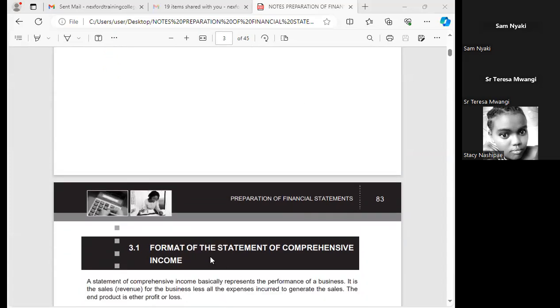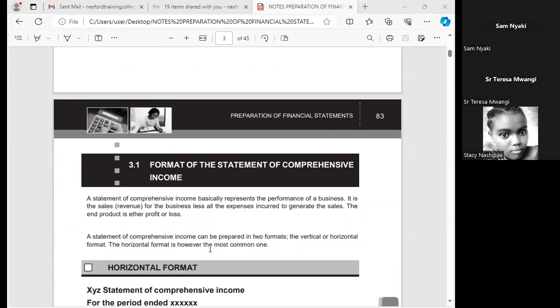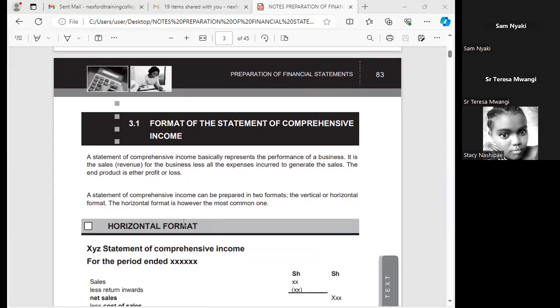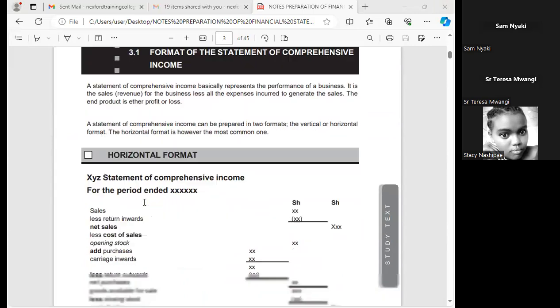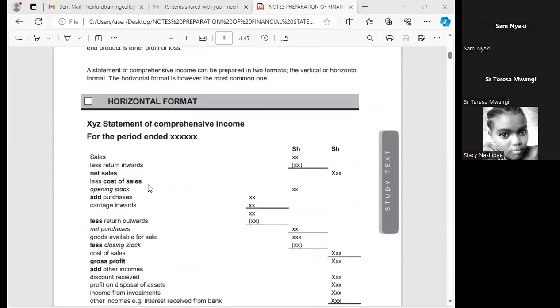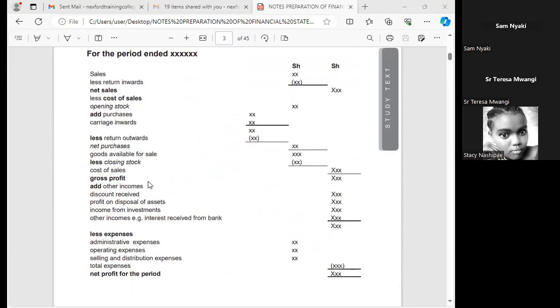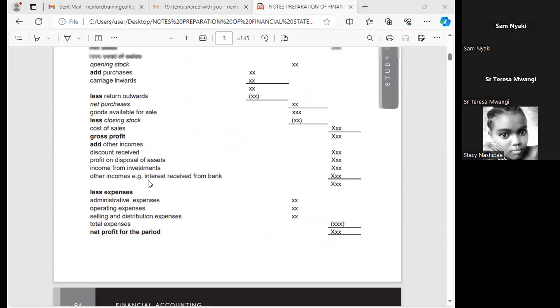Yes. We have several formats, but the one that we normally use commonly is the horizontal format. This is how it looks, and I want to take you through it so that when you meet this next time, you'll be able to understand.